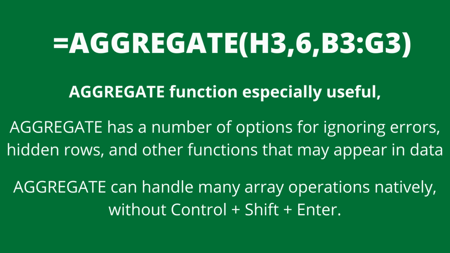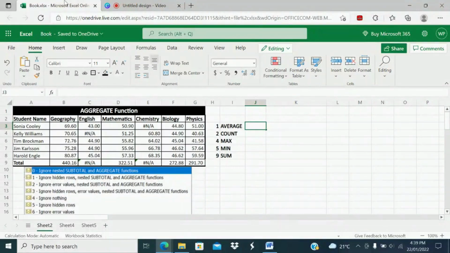The first one, aggregate has a number of options for ignoring errors, hidden rows and other functions. Second, aggregate can handle many array operations natively without Control, Shift and Enter.